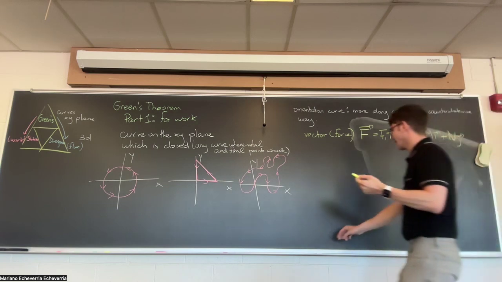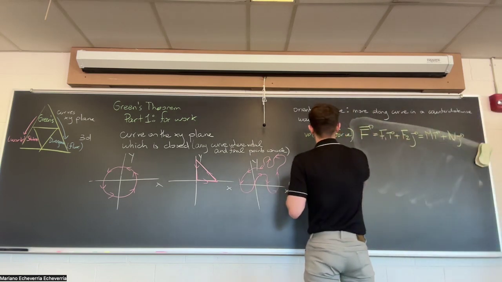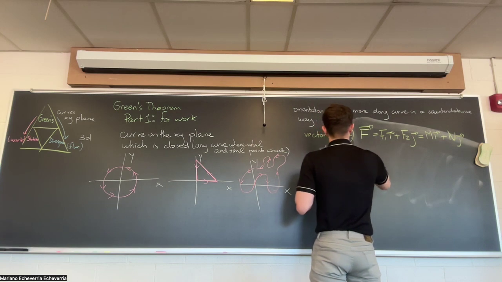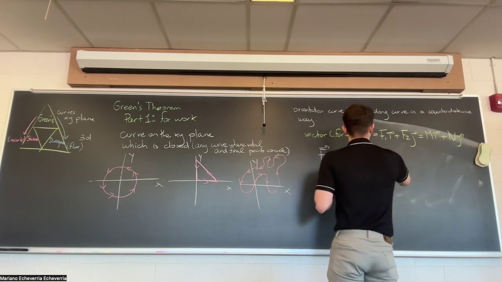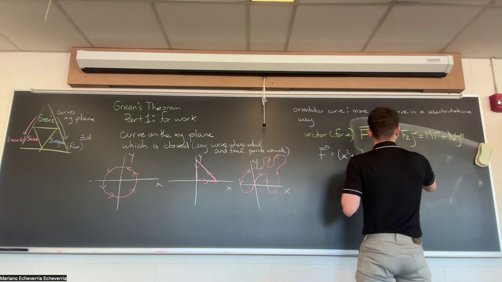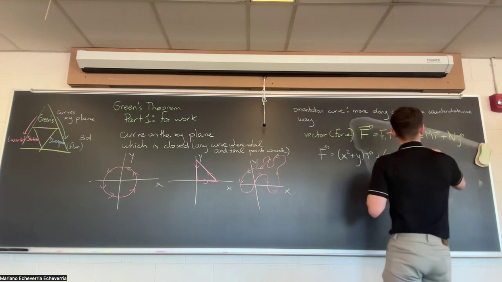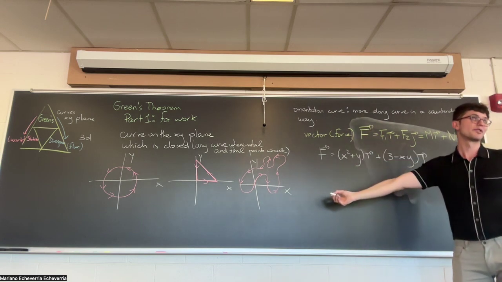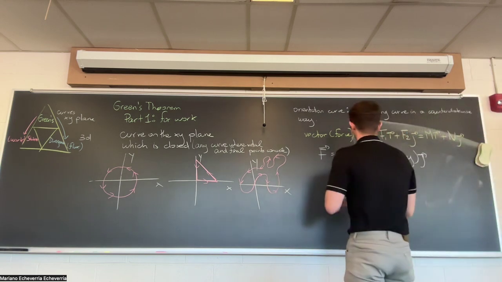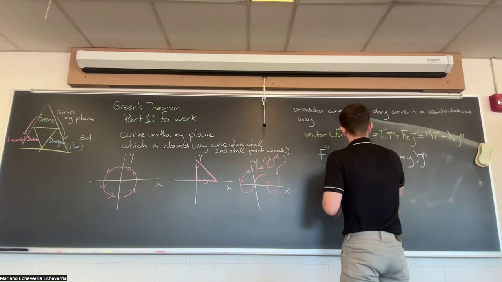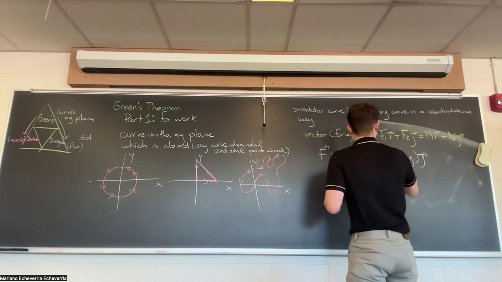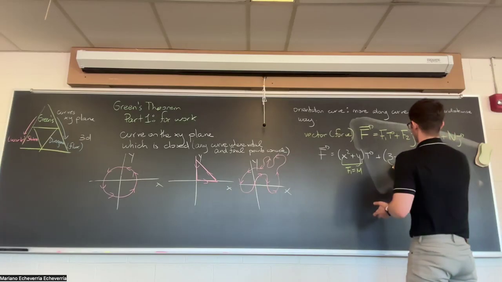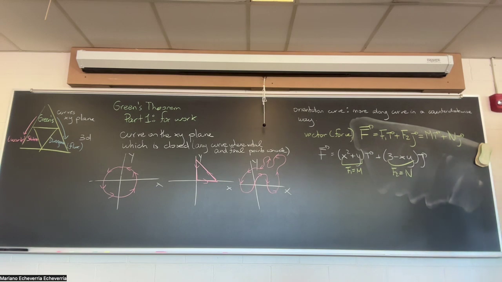So for example, if the vector is x squared plus y in the I direction plus 3 minus xy in the J direction, the first entry is what I'm calling F1, but people also refer to as M. And this is what you would refer to as F2, or N. Those are the two natural ways of writing it.